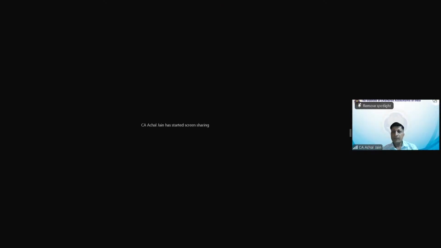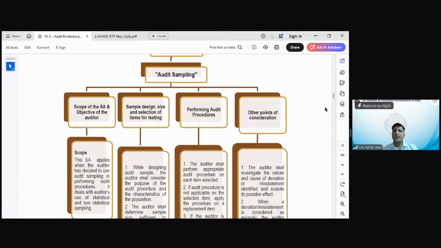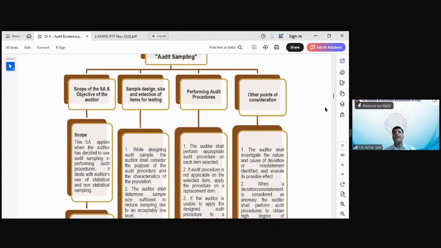Just a minute. See, Ravi, I think you are there. Yes, sir. Okay, so now, sir, when it comes to performing audit procedure, sir. No, forget about it. I'll just discuss that on the basis of what is there over here. I think you should be able to get clarity through that. So you can just ignore the document you are referring to. I think we can discuss this. Okay.